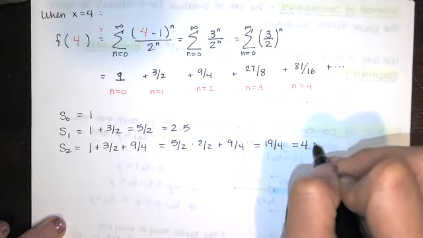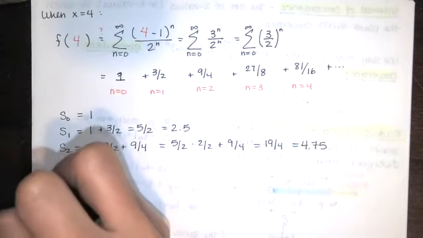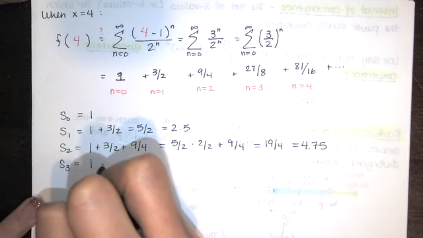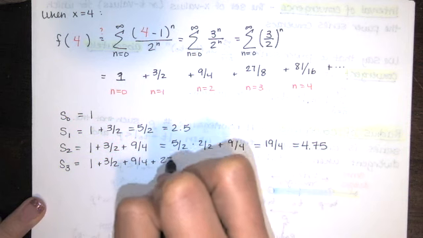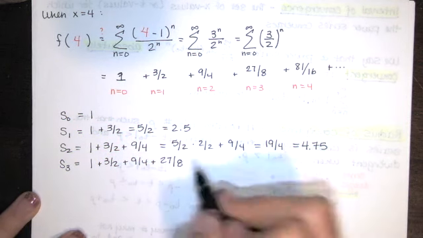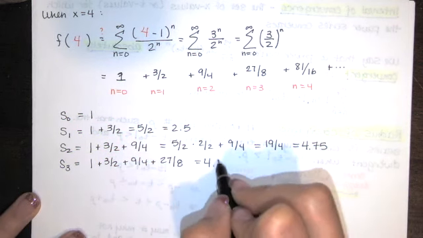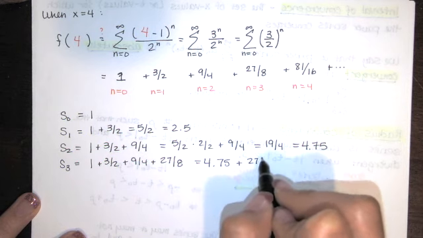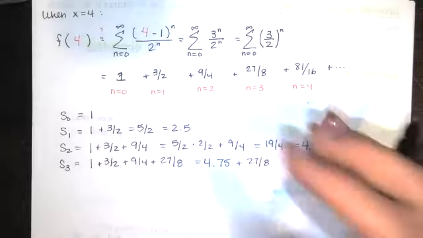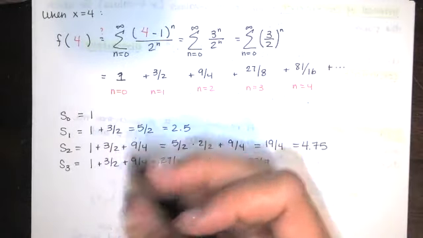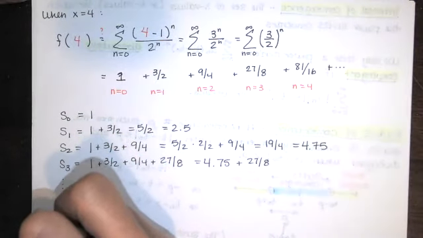Then we have 4.75, and you just keep going. So here I'm taking my 4.75, and then I'm adding this 27 over 8. You see that that's just going to get larger and larger. As n goes to infinity, S sub n is definitely going to go to infinity.